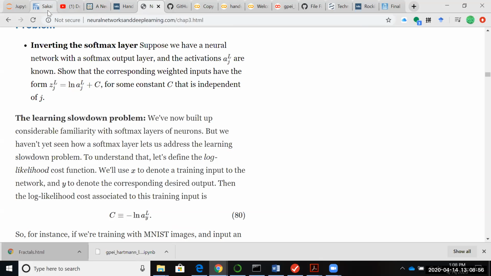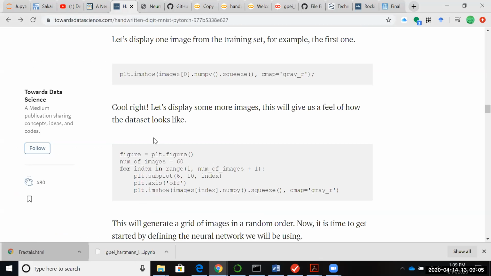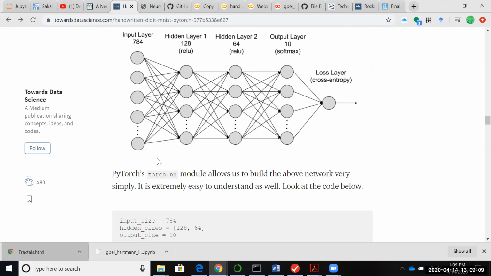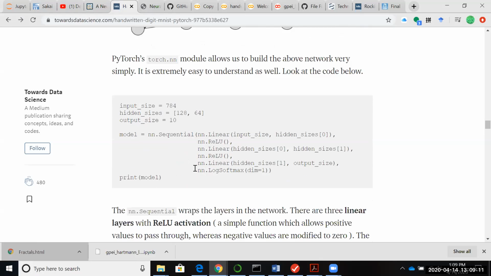That is what is going on when we define this network model. This line uses log softmax as the output, so actually the output is a log of probability.